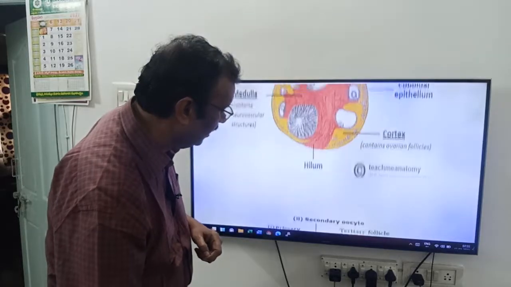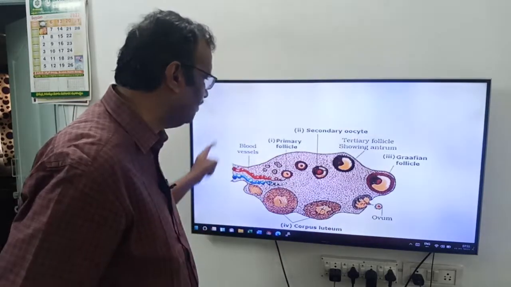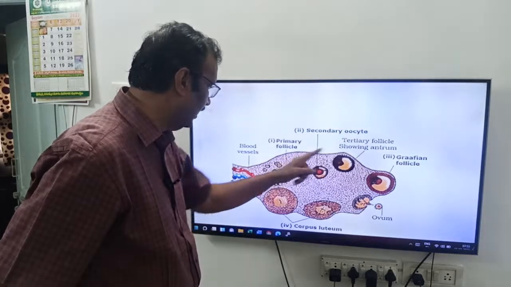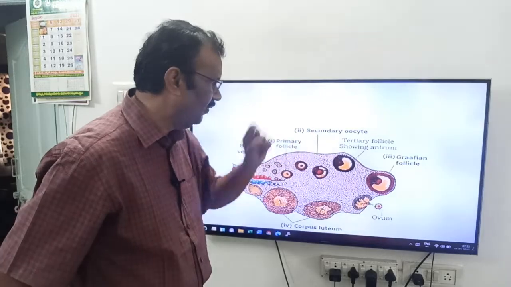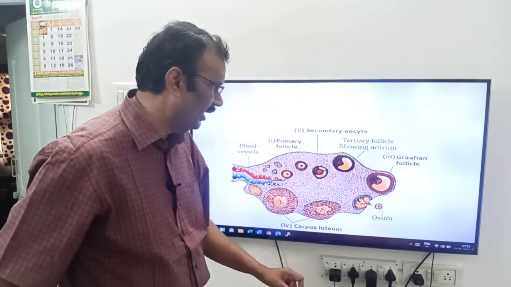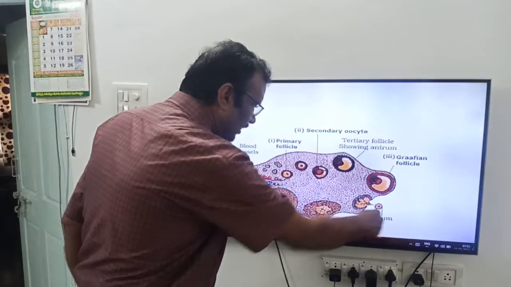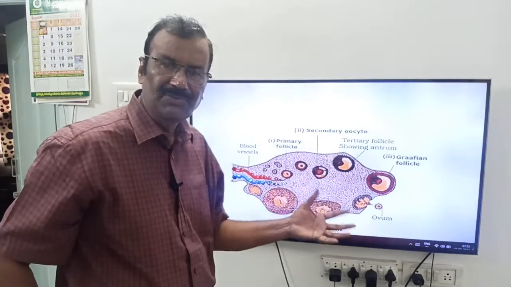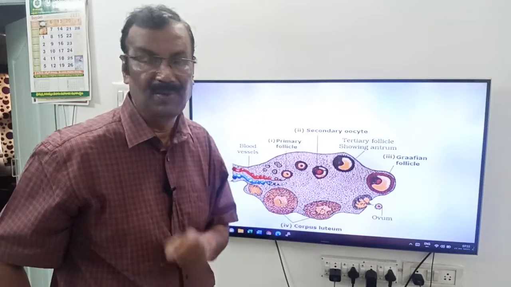Now see one more image, friends. Here we have various types of follicles. In the cortex we have primary follicles, secondary follicles, tertiary follicles and Graafian follicles. These Graafian follicles are releasing the ovum. The release of the ovum from the Graafian follicle of the ovary is called ovulation.